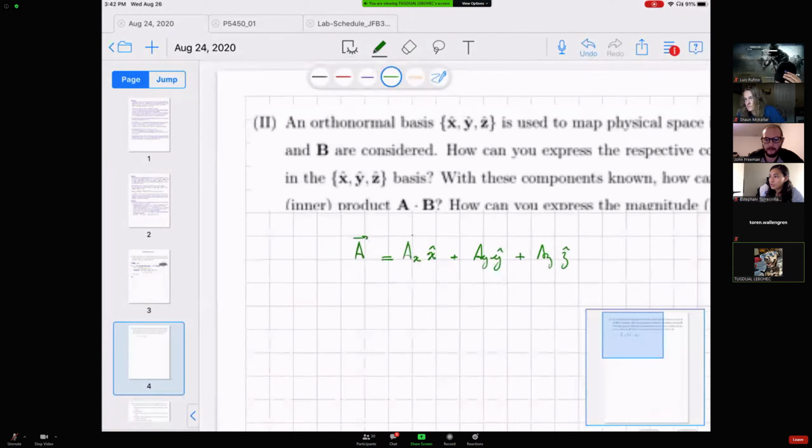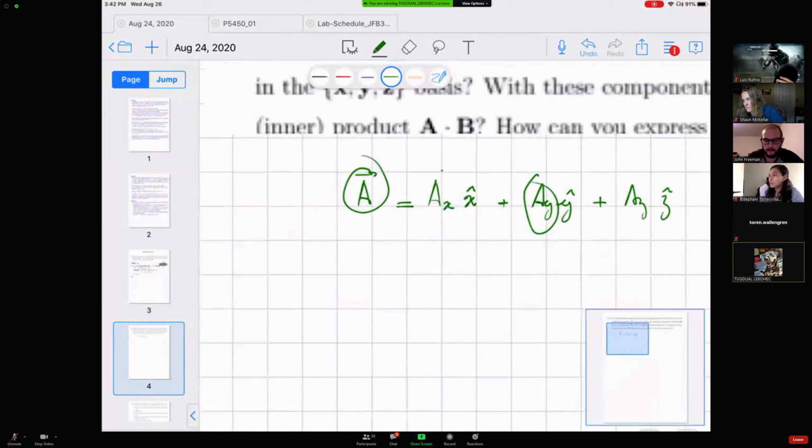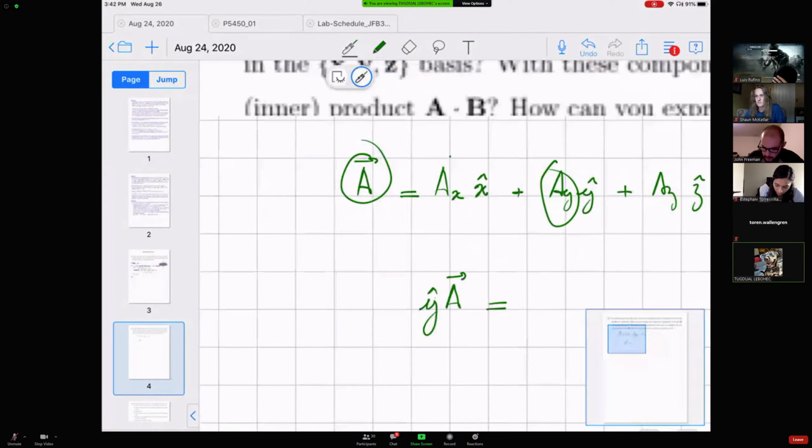And if you are given a vector like this, and you wanted to figure out the y component of this vector, you would multiply a by y hat. Using the orthonormal property of the basis, y times x is going to give 0, but y times y is going to give 1.